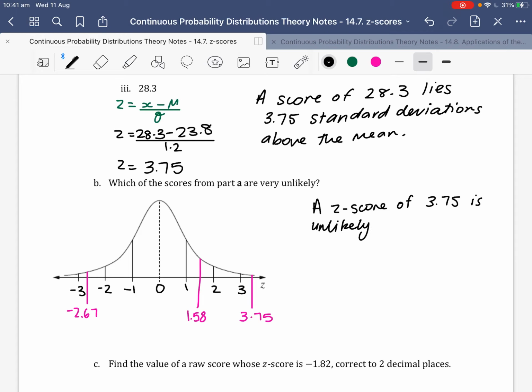Therefore, a score of 28.3 is very unlikely.